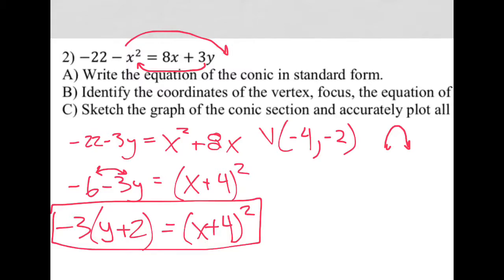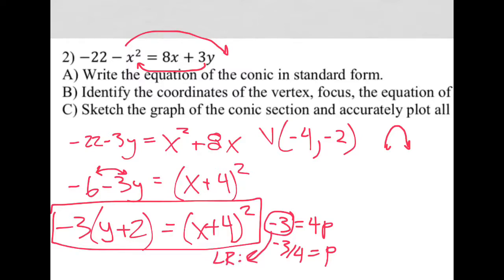So let's figure out a little bit more specifics from that. Well, we know that that coefficient out front, that negative 3, is in the form of 4 times p. So we need to divide both sides by 4 to get negative 3/4 is equal to p. Now, a couple things we can answer with this negative 3 right there. We know that is also going to be the length of the latus rectum.